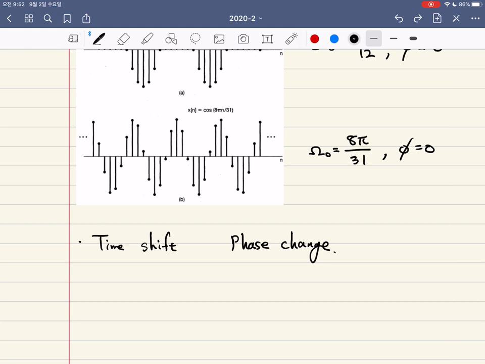So if you shift the discrete time sinusoidal signal by the amount of n0, then we can write that as omega 0 times (n plus n0). Is it okay?